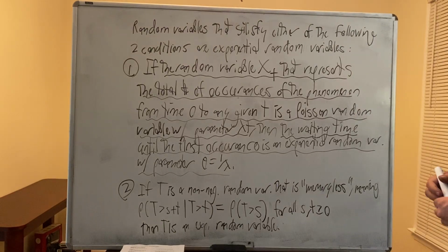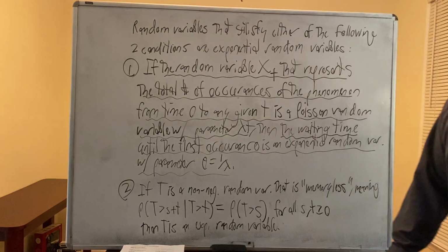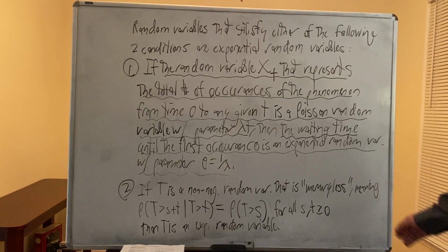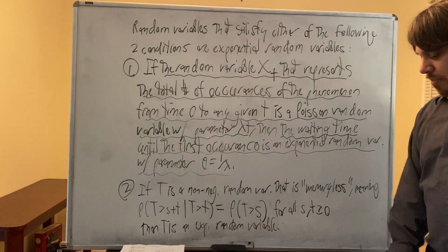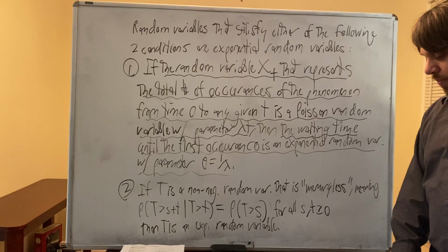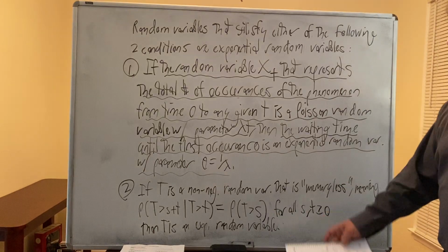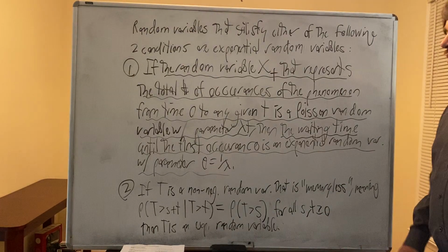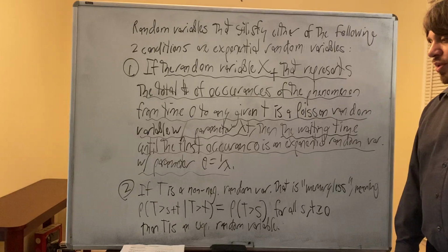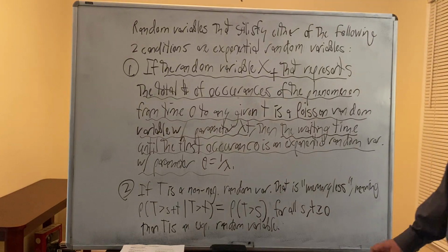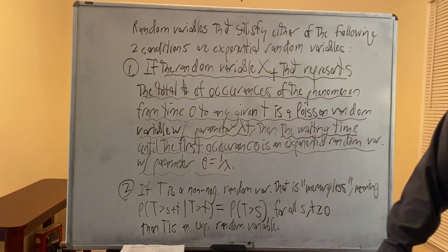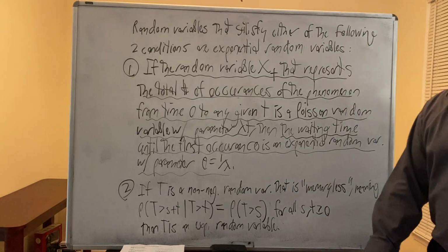Okay, so if either of these two conditions happen, then your random variable is an exponential random variable. In the second condition, we'll see that in example 5.13. In example 5.13, we'll see how condition 2 is used to conclude that your random variable is an exponential random variable, which will then lead to the solution to the problem.